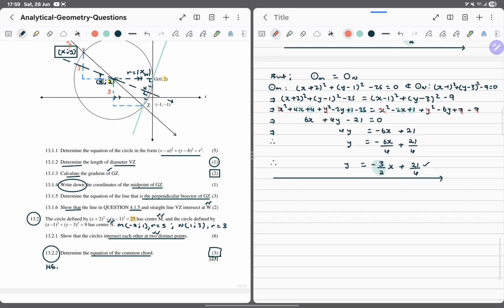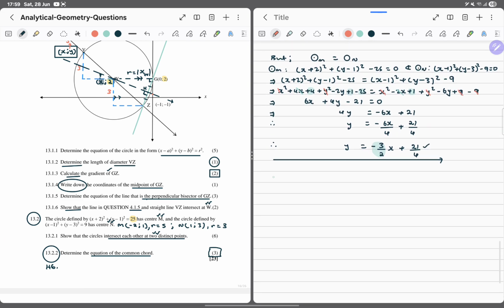So it follows that the equation of the common chord is given by, let's just say circle 2, whatever you want to say, circle 2 minus circle 1, if you've got two circles that intersect.